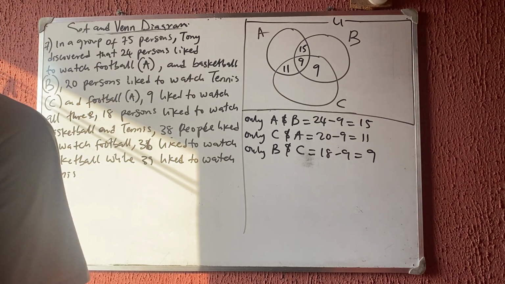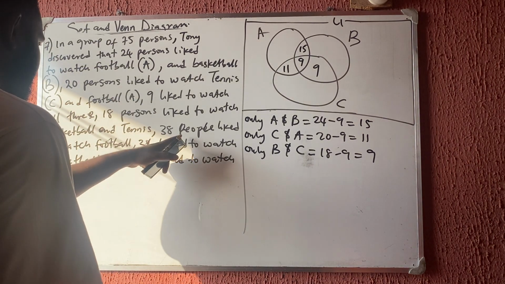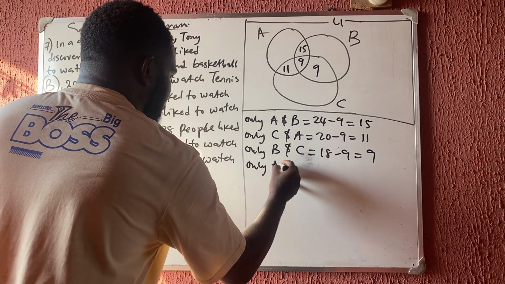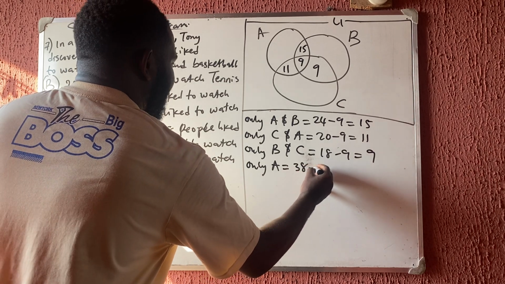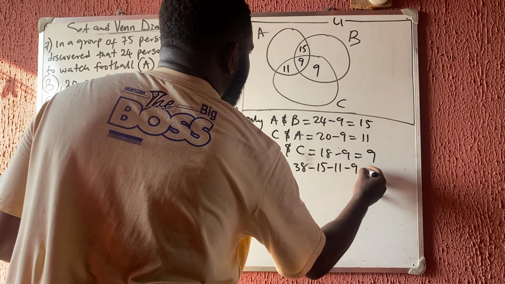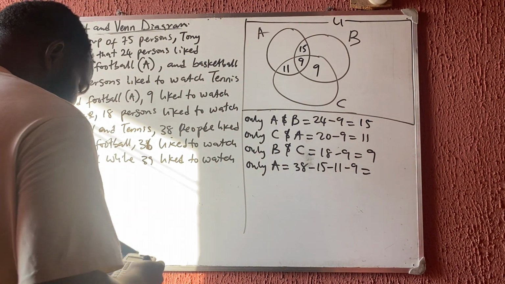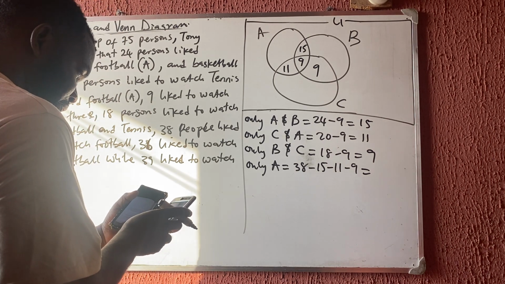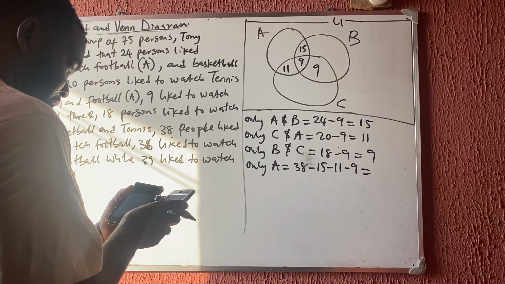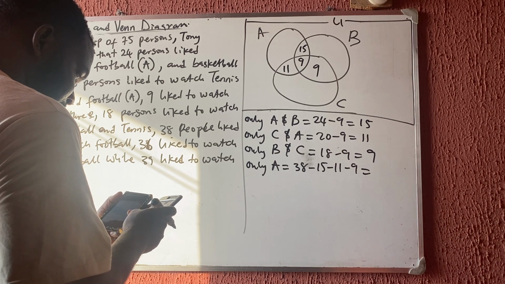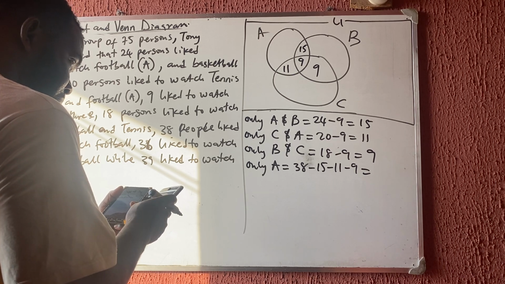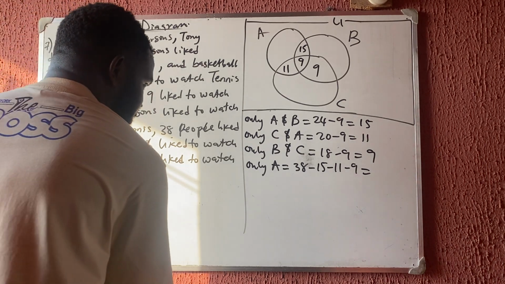But let's go to only 1, 1. Now going to only 1, 1, they say the 38 like football, and football is my A. So only my football A will now be what? 38 minus everything that entered inside of that A. So minus 15, minus 11, minus 9. So let's do that. 38 minus 15 minus 11 minus 9. 38 minus 35 is, oh my calculator, 38 minus 15 minus 20... I'm having 3 here.